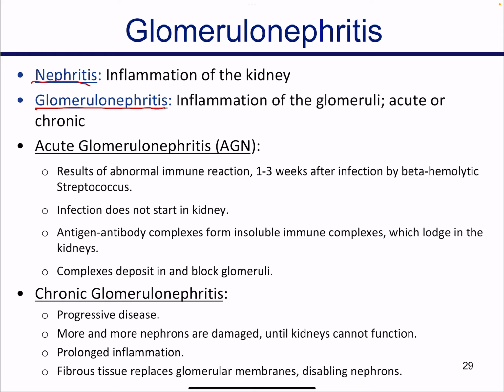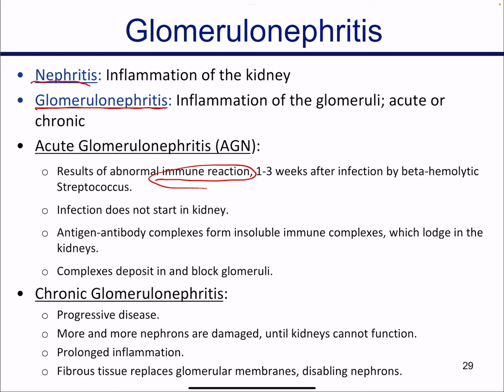The acute glomerulonephritis is going to result in an abnormal immune reaction. This actually lasts about 1 to 3 weeks after an infection, and that can cause you to feel some fatigue.